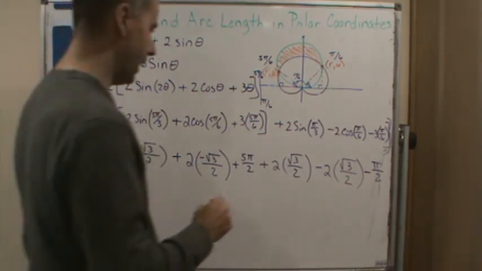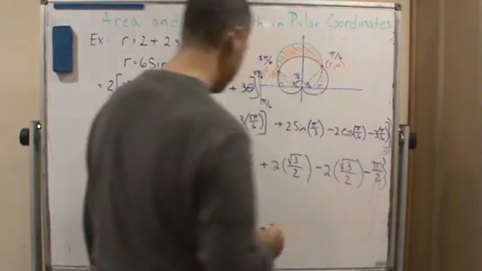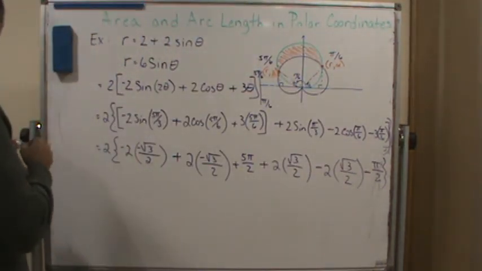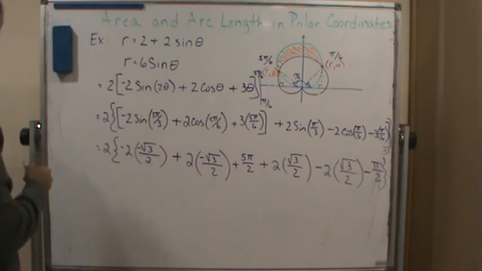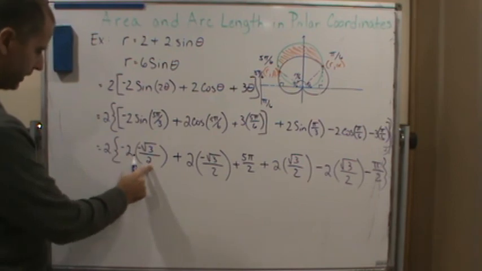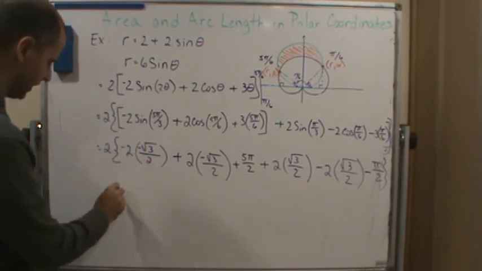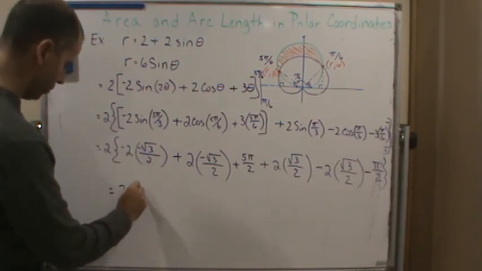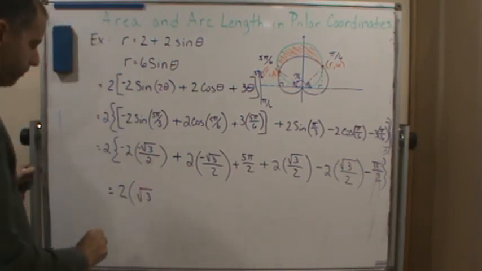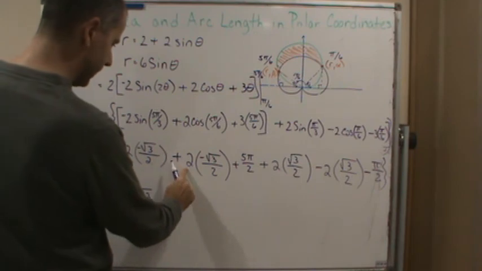Okay, so now we can start combining like terms. So let's go for it. Okay, good. So let's see. Well, this 2 is going to cancel with this 2. Negative is going to cancel with negative. So this is going to end up being 2 times what? The square root of 3. Plus, this is going to cancel with this one.